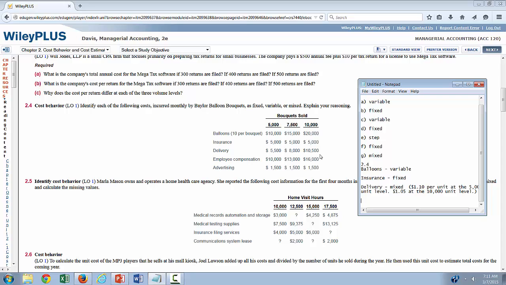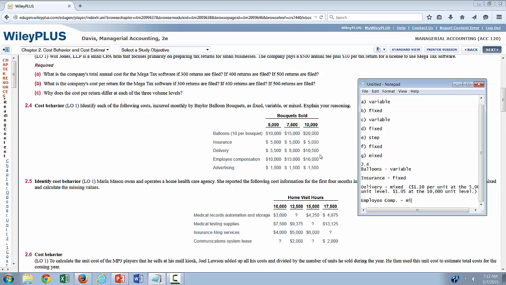Okay, so now let's look at employee compensation. Let's do the per unit thing again. The employee compensation cost per unit at 5,000 units is $10,000 divided by 5,000. So it's going to be $2 per unit. And at the 10,000 level, it's going to be $1.60.